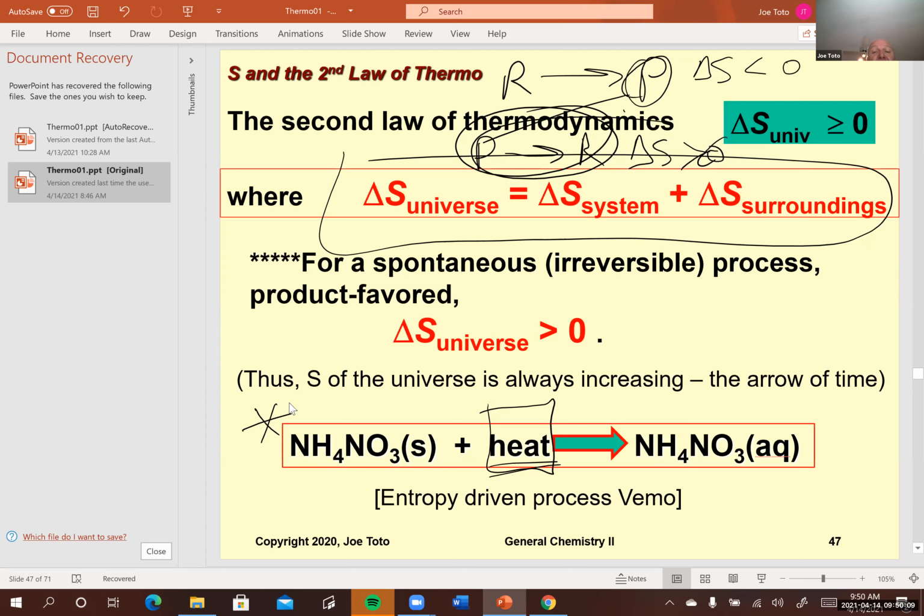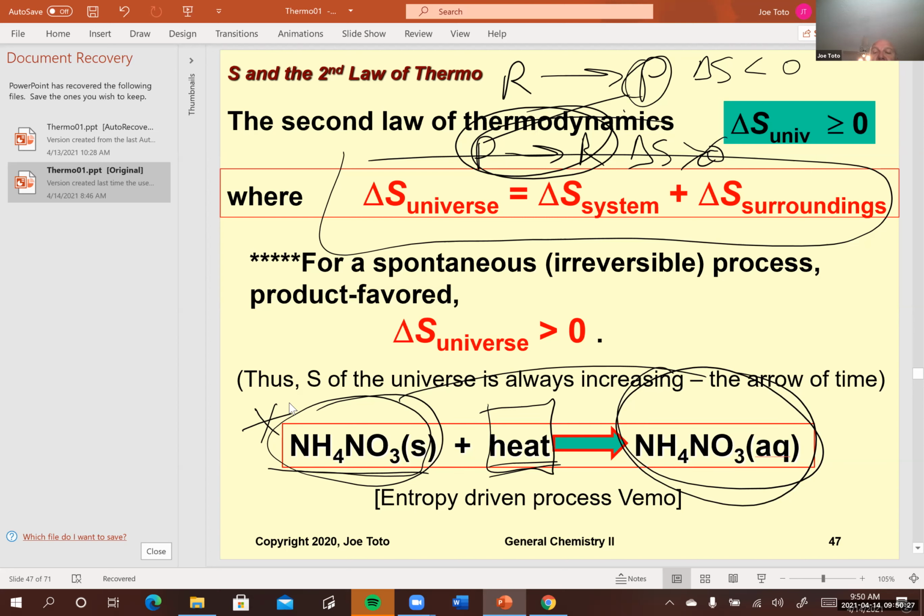So the entropy of the surroundings must decrease because we know how entropy changes with temperature. On the other hand, we have this process where I take a solid and I make an aqueous solution and I spread out those particles. So the delta S for the system is positive, but the delta S of the surroundings, we predict to be negative.